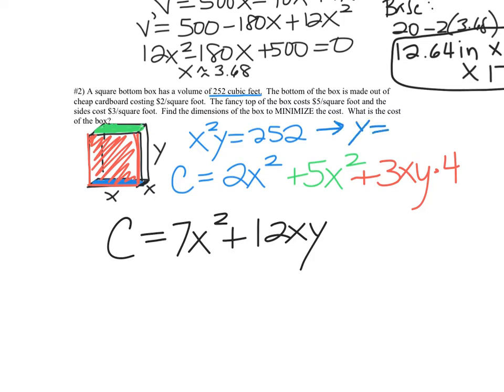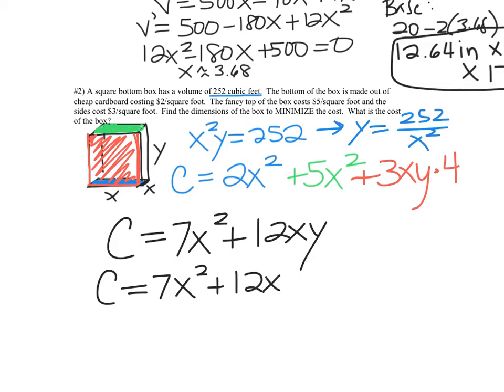So y equals 252 over x squared. And then we'll substitute it into our cost. Here we go. Cost equals 7x squared plus 12x times 252 over x squared.